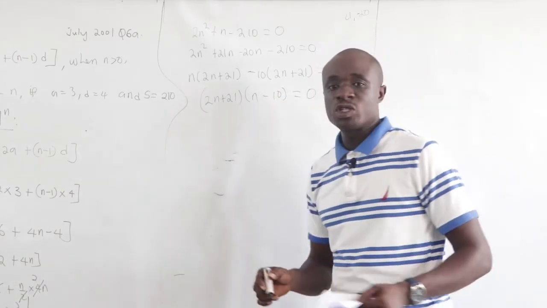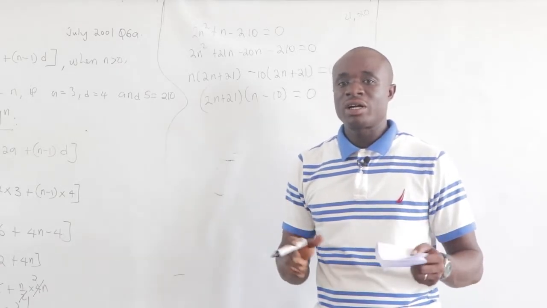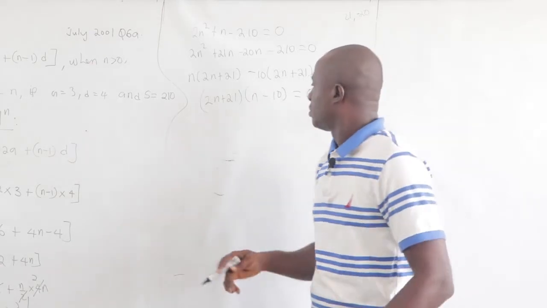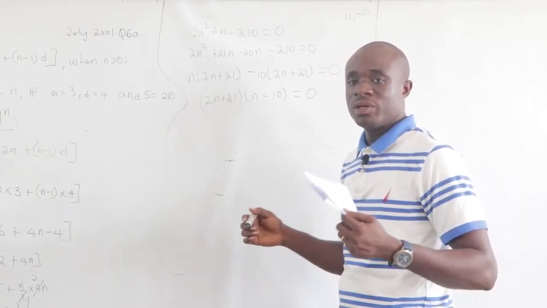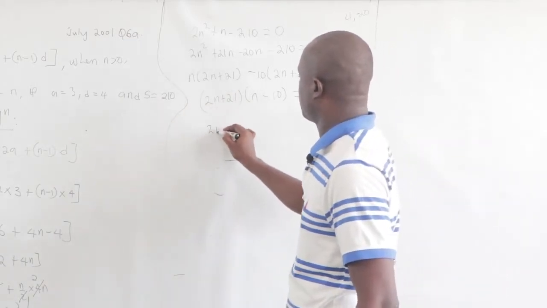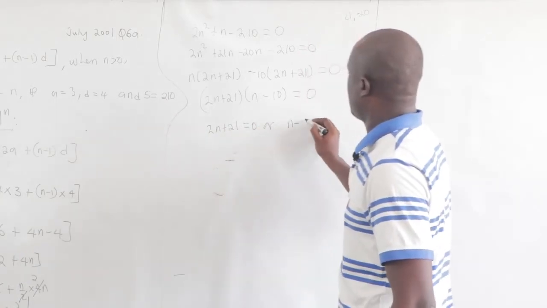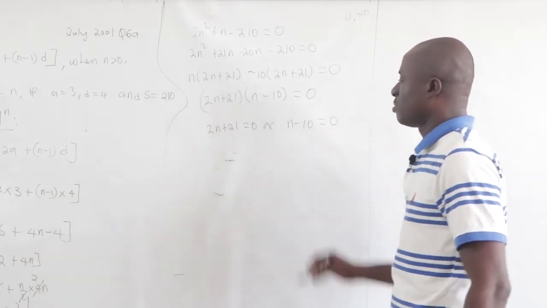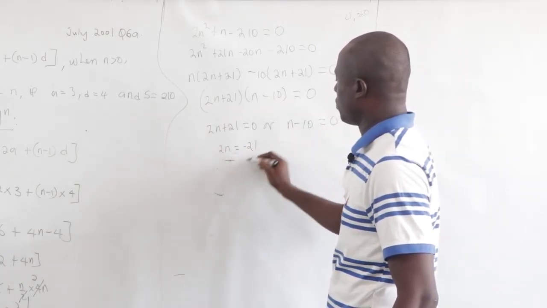We have two things multiplying equal to 0. Here we can use the null factor principle, which says that if you have two things multiplying equal to 0, at least one of them is 0. So here we have 2n plus 21 equals 0, or n minus 10 equals 0. Clearly here you have 2n will be equal to negative 21.